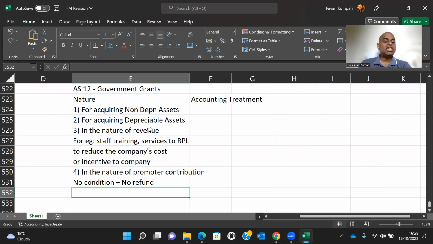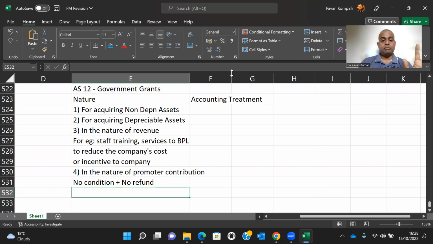Once you set up your business there, they will give you whatever, 25%, 20%, 50%, but you don't need to comply with any conditions. And on failing to comply with conditions, you don't need to give this money back. That is what we call government grants in the nature of promoter contribution.